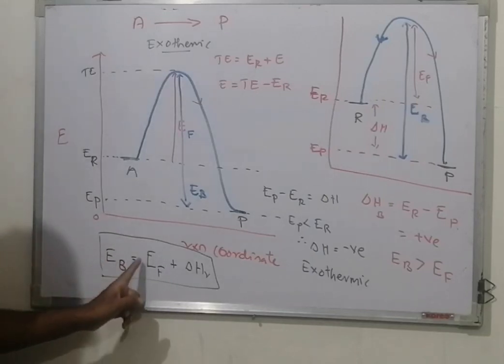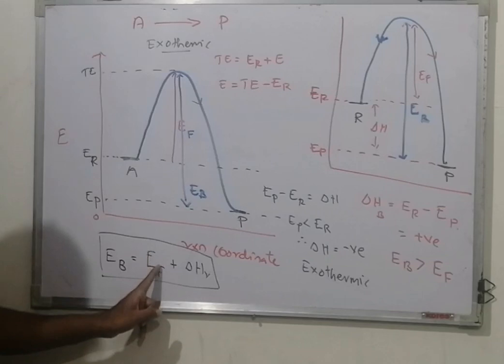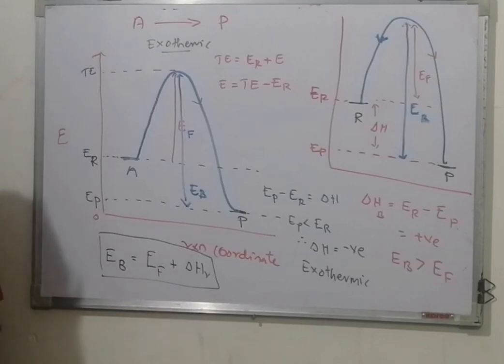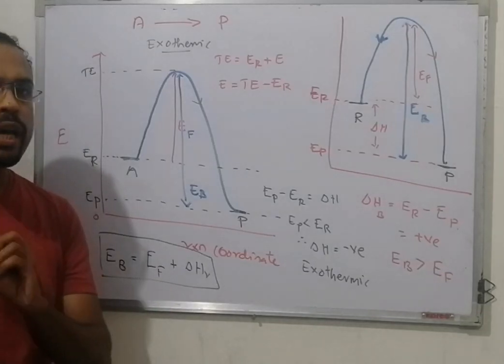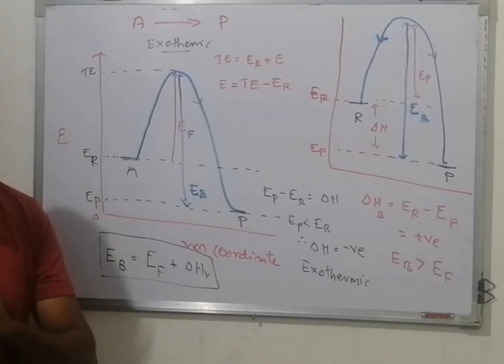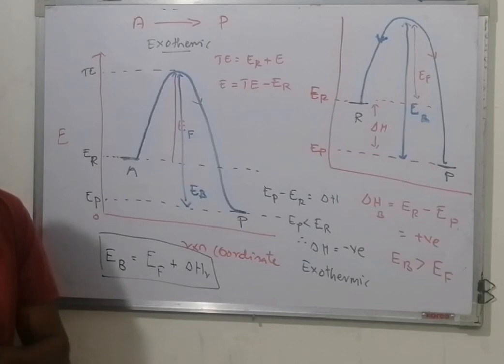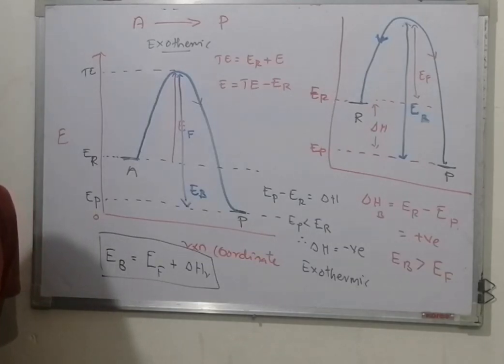No. If activation energy of forward is 0 for an exothermic reaction, the activation energy of backward will be equal to enthalpy of reaction. Remember, for an exothermic reaction, the minimum activation energy of backward is enthalpy of reaction.